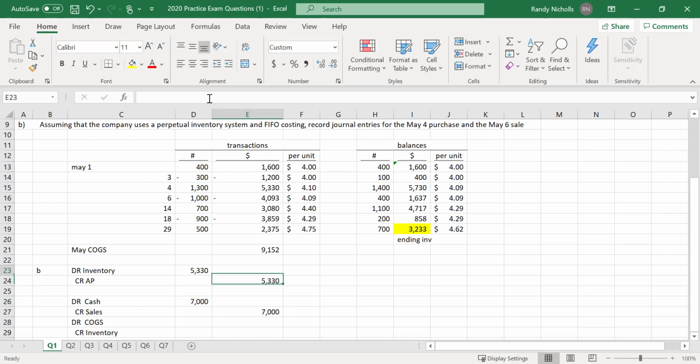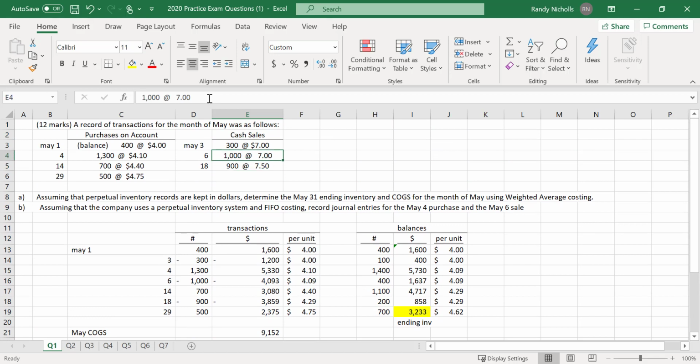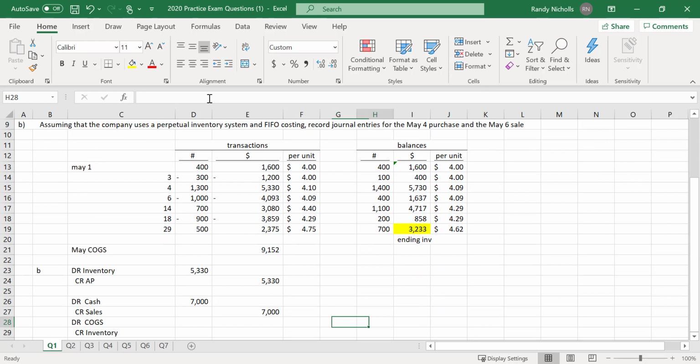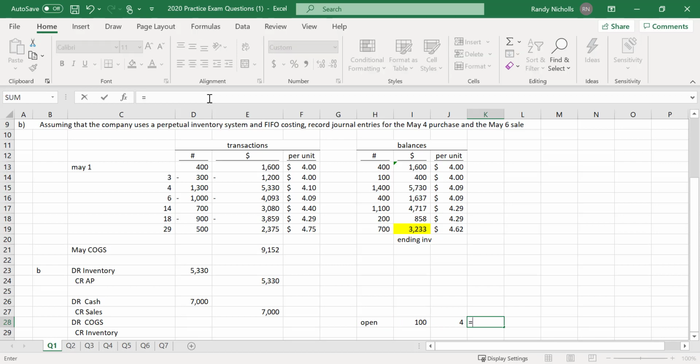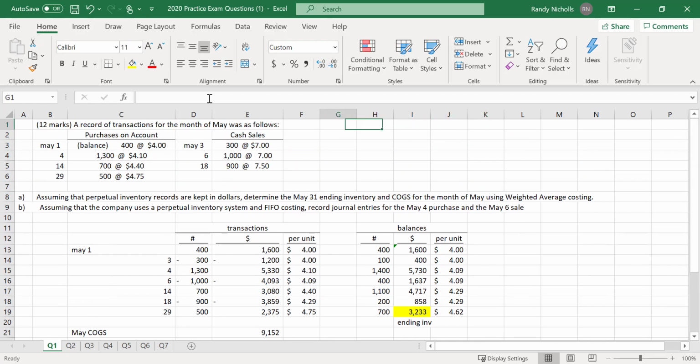My cost of goods sold, though, now I have to figure out what 1,000 did I sell. So what did I have in my inventory at May 6th when I made this sale? I started with 400 at $4. I sold 300 of them. So I still have 100 left at the $4. So I would have sold those. And then the other 900 I sold must have come from my May 4th purchase.